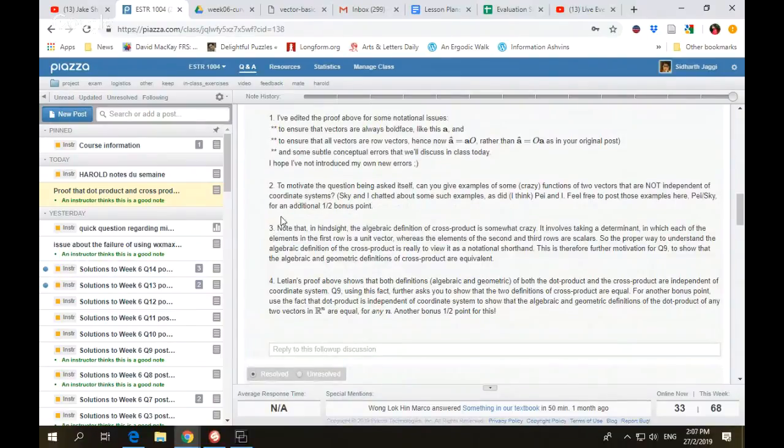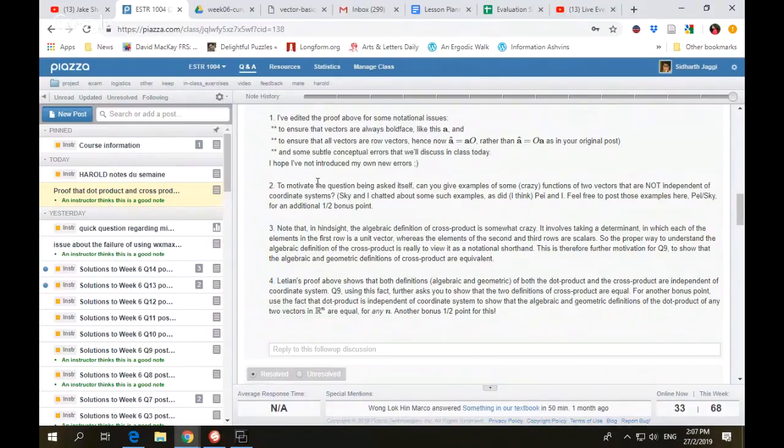So the question was asking, when you think about the geometric definitions of dot product and cross product, obviously they should stay the same. It doesn't matter what happens to the coordinate system, they should stay the same, right?